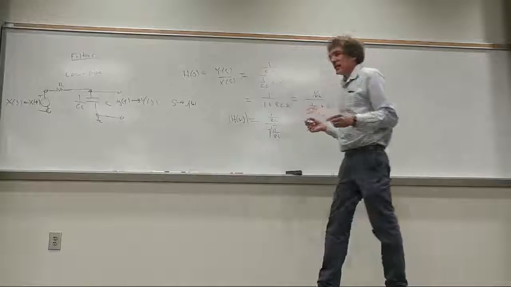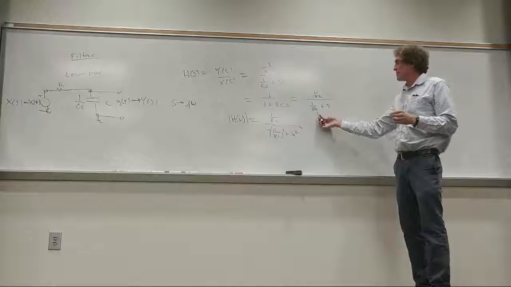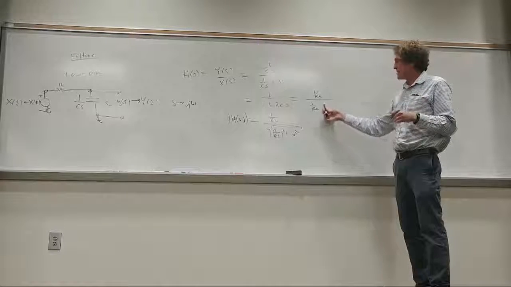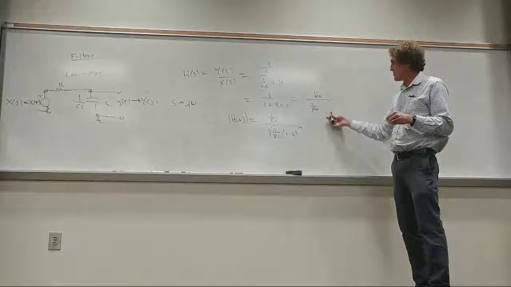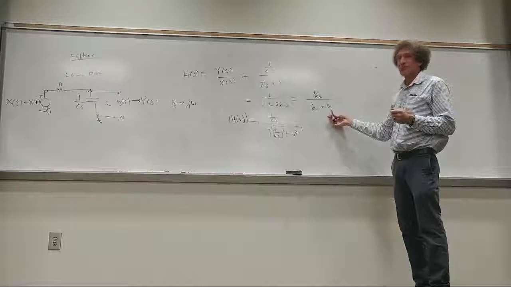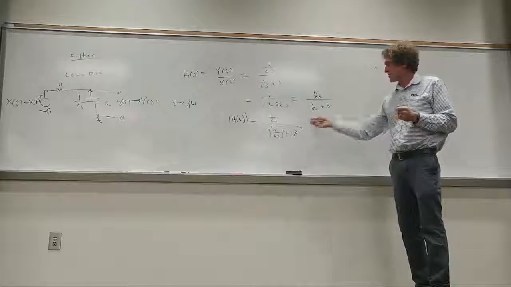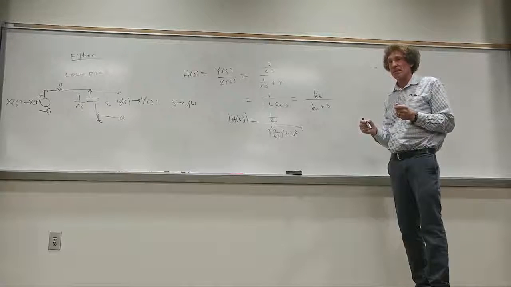Remember, S becomes J omega, right? And so I have 1 over RC plus J omega. The magnitude of that is going to be this term squared plus the magnitude of this term squared. You don't square the J, in other words. It's just a plus omega squared. Do y'all agree with that?